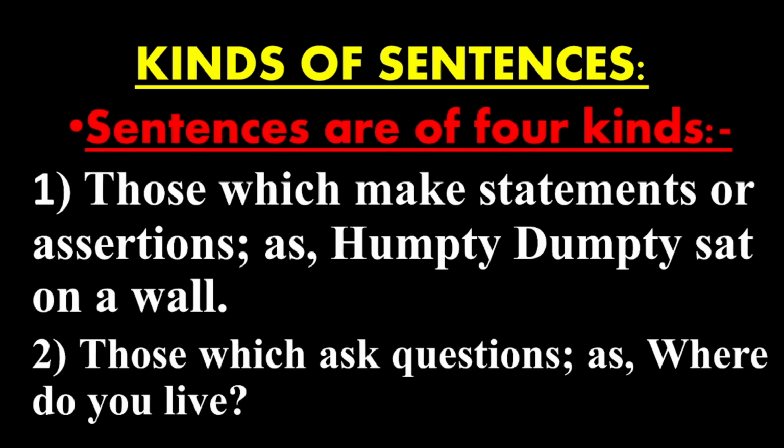Dear students, as we discussed, we have 4 kinds of sentences. In number 1, those sentences which make statements or assertions, as Humpty Dumpty sat on a wall. And the number 2nd type of sentences are those which ask questions, like where do you live, where are you going, how old are you.